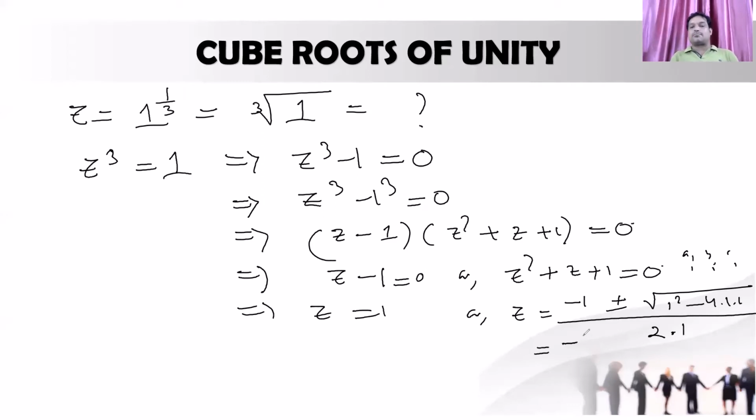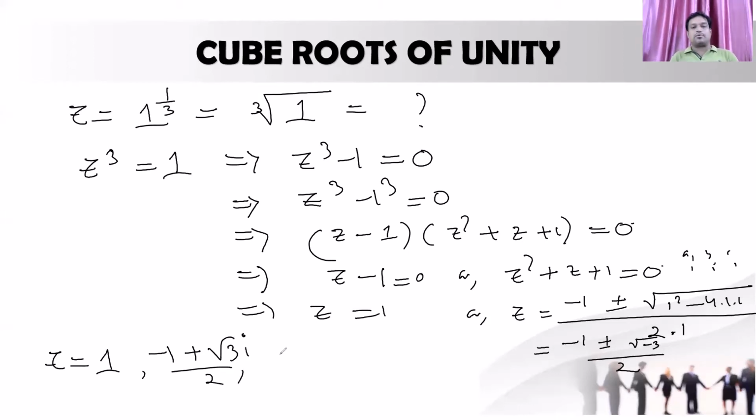Here a, b, c are what? 1, 1, 1. So that is minus 1 plus minus root over minus 3 by 2, that means minus 1 plus minus root 3i by 2. So finally, what did we get? z equals 1, minus 1 plus root 3i divided by 2, and minus 1 minus root 3i divided by 2.